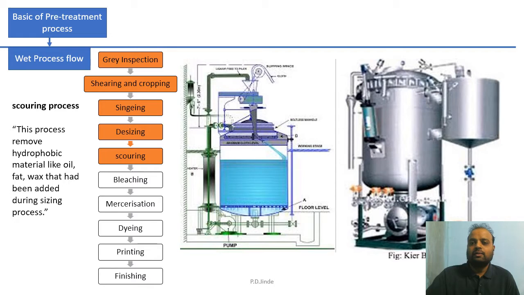Now both chemicals and fabric are boiled for some time at an elevated temperature. Now the scouring chemical attacks these oil, fat, and waxes. This saponifies the oil present in the fabric and removes it completely. So the scouring process removes hydrophobic material like oil, fat, and waxes, sometimes along with organic and inorganic materials too.